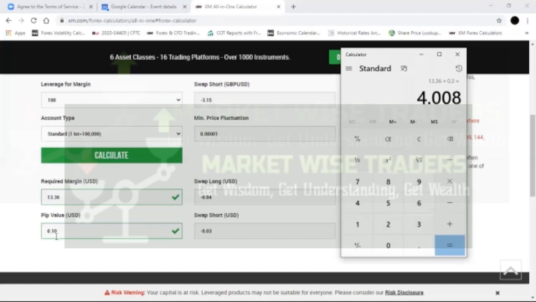We said a pip is how much? 10 cents. So $4 divided by 0.10 should give me how many pips I can hold before these guys will shut down the trade. That's 40 pips. You understand?